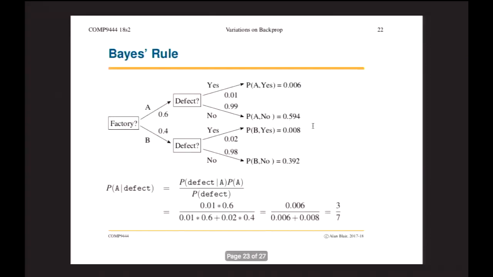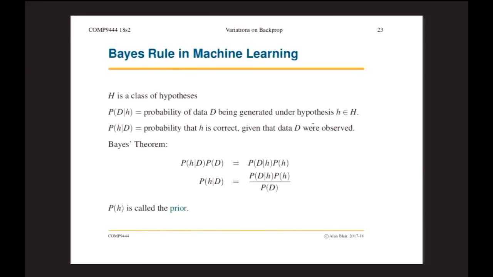All right, so let's try to work this back into our terminology of machine learning. So remember, we're talking about hypotheses, and then we're talking about data. So we have the probability of a particular hypothesis producing certain data.